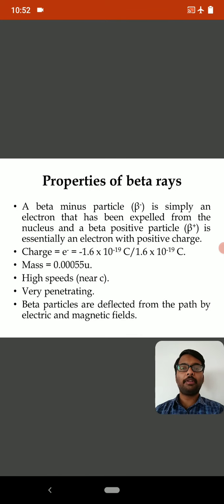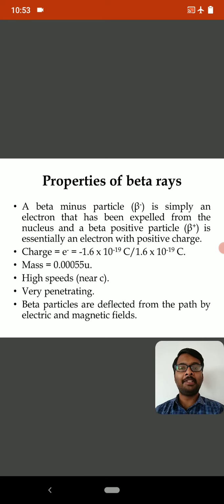Then what are the properties of these beta rays? A beta minus particle is simply an electron which has been expelled from the nucleus. The electron does not exist in the nucleus; because of the conversion of a neutron into a proton, and due to charge conservation, the electron is emitted in that conversion process.